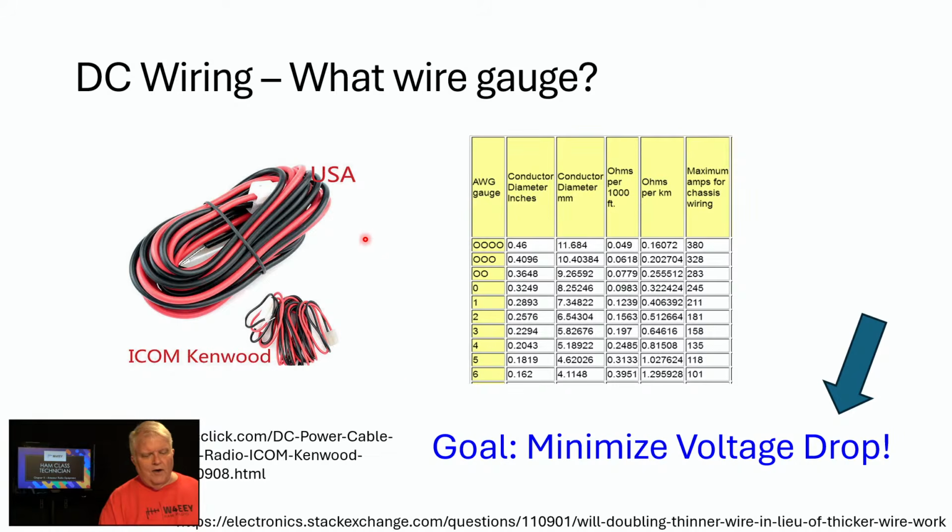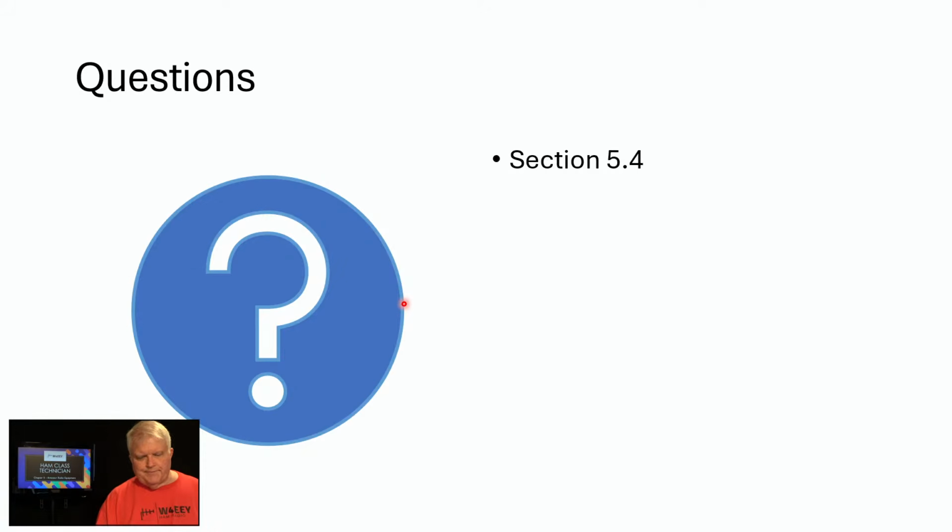Each wire gauge has a certain ampacity, the maximum current it can carry. The goal is to get a wire big enough so that there's no voltage drop across the wire from the power source to the radio, for example. So always keep that in mind to minimize voltage drop.